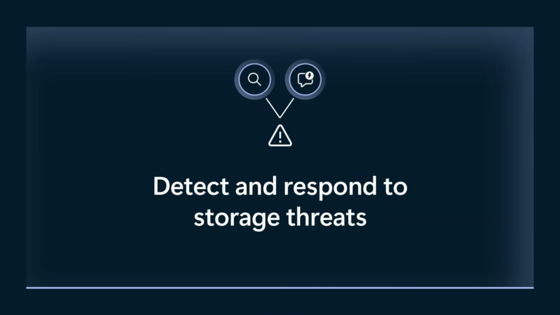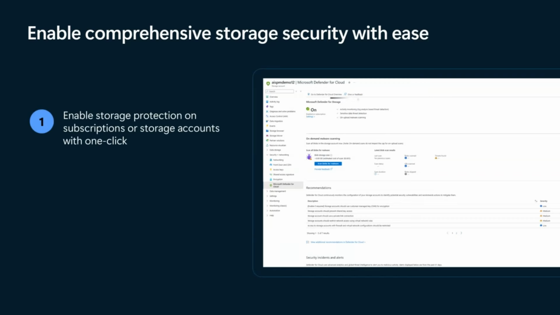Like we said, on the threat side, we need to be able to detect and respond to live and active storage threats. Now, this is done again by one click. The entire Defender for Storage plan is enabled with one click. You get activity monitoring, you get the sensitive data detection, and the malware scanning.